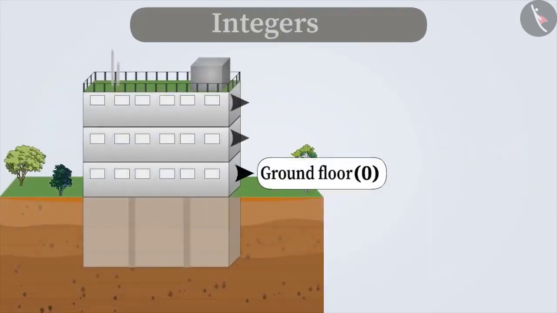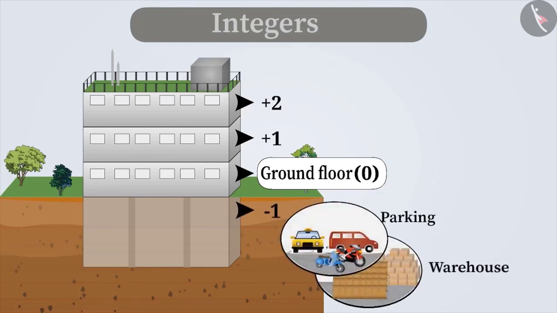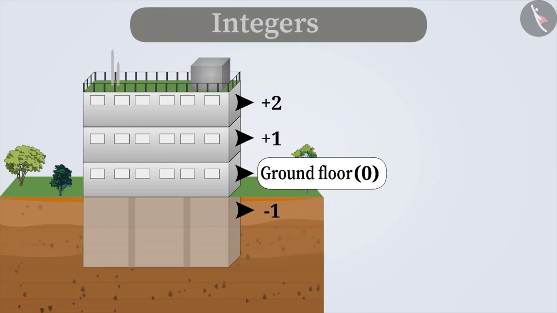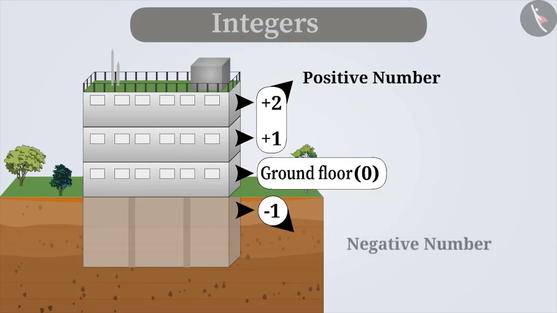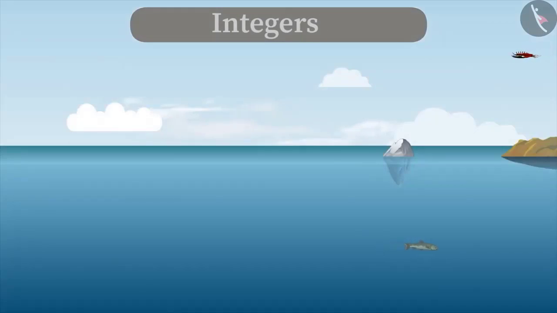Similarly, in a building, the floors above the ground represent positive numbers, and the floor below the ground, or the basement, is represented by a negative number. Other examples are altitude. Above sea level is represented by a positive sign and below sea level is represented by a negative sign.